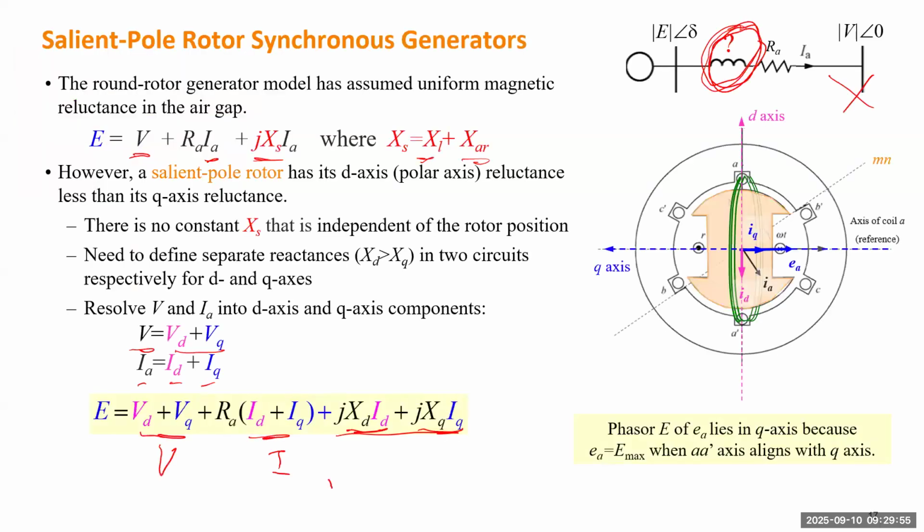E is always on Q because if we define based on our initial time, the phasor E of the winding A lies in the Q axis, because the voltage reaches maximum value when the winding A axis is aligned with Q. So we have explained this one for the round rotor generator. So it's the same for the salient pole rotor generator.